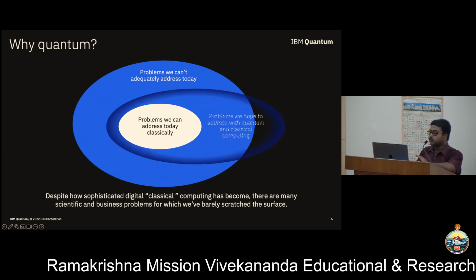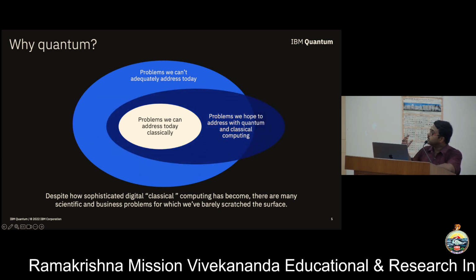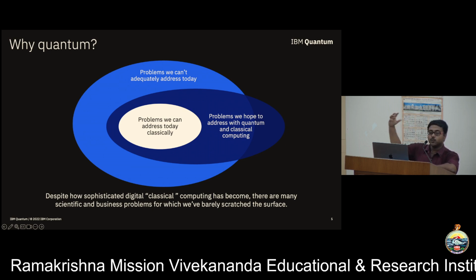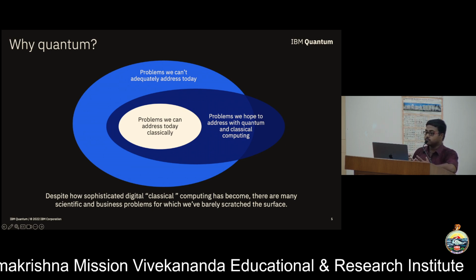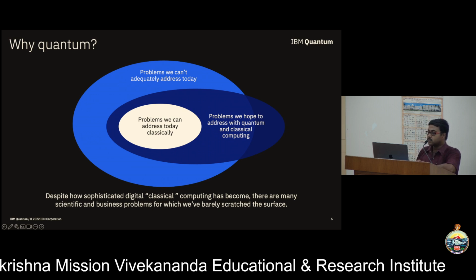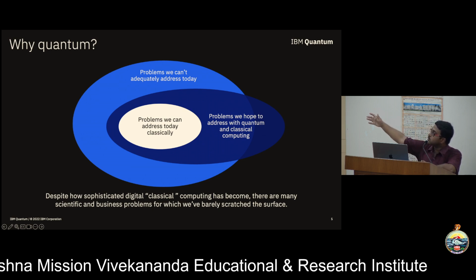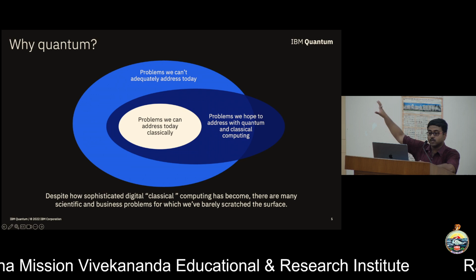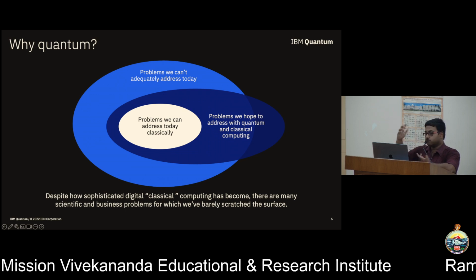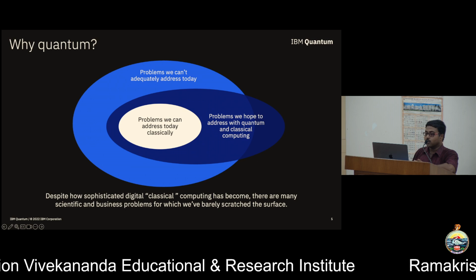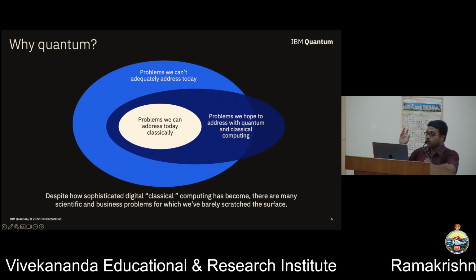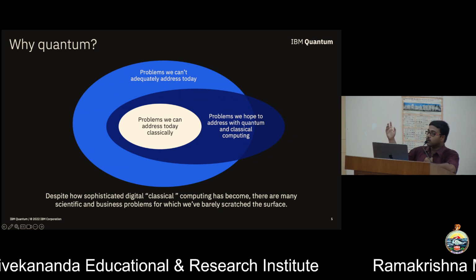So that's the hope here: if we can simulate or emulate nature the way it is, using properties of quantum mechanics, maybe we can solve some of the problems, definitely not all of them. We can come up with problems that a classical computer cannot solve, so we can hope to solve them using a quantum computer.